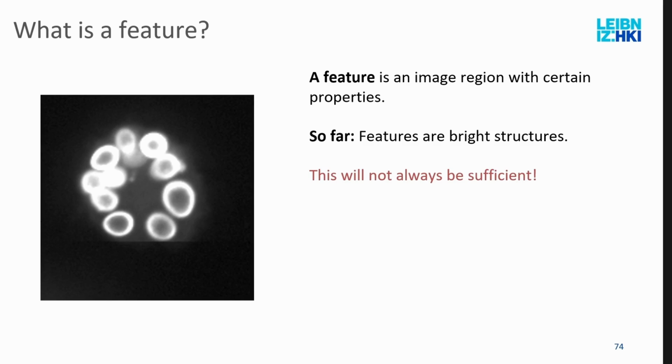Generally, a feature is an image region that you are interested in. It has some specific properties, and you want, for example, to quantify it. And so far, we actually used a feature as well to find objects we are interested in. This was a simple feature, it's just bright structures.